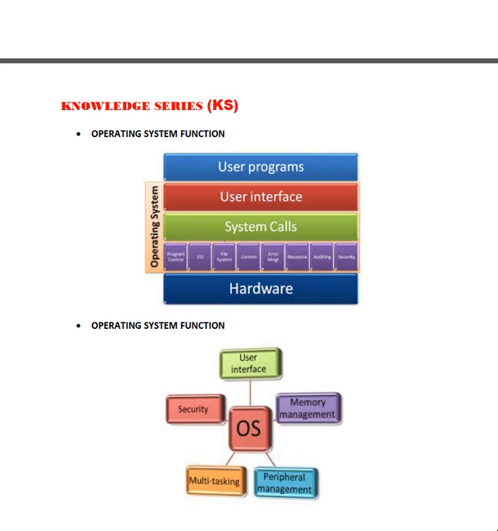Apart from that, the system level will try to see what files need to be loaded and what files need to be executed. All this comes under this particular case.